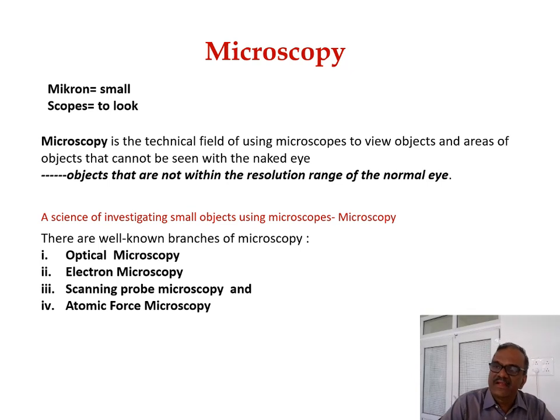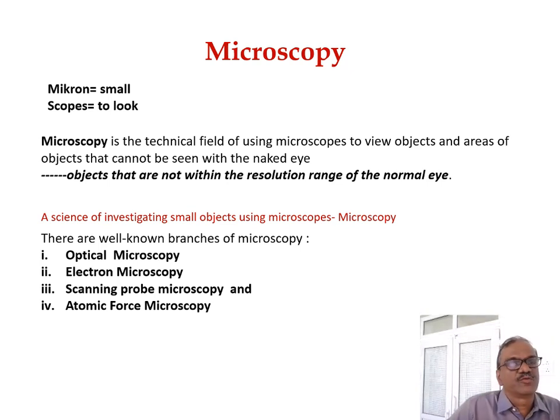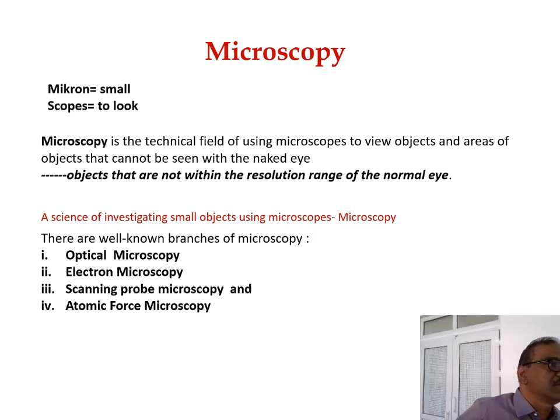They divide microscopy into 4 branches. To observe the object, if you are using light as a source, we call it optical microscopy. Then when electrons are used to focus on a particular object, that is electron microscopy. Or you are using a probe.